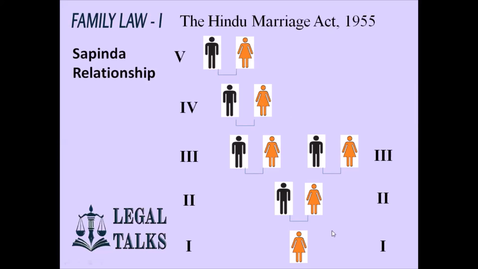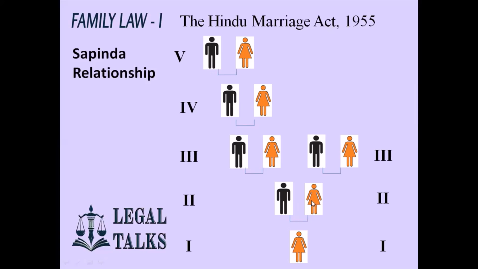Now, if you see this image, this subject who is at the first level or first generation cannot marry a male at second generation, cannot marry a male at third generation or fourth generation or fifth generation from her father's side.